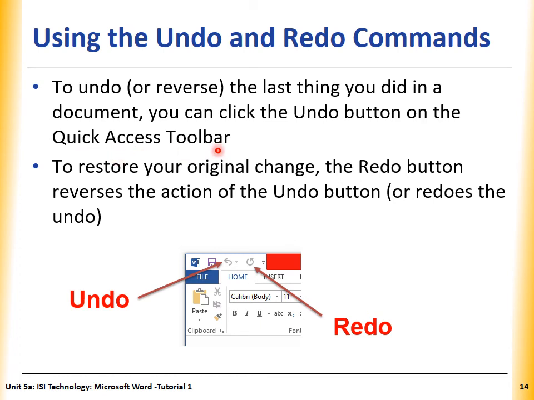It's on the top left corner of the document or the file, in Word, of course. To restore your original change, we have to use the redo button, which reverses the action of the undo button, or redoes the undo. We're going to apply this when we are in the class.